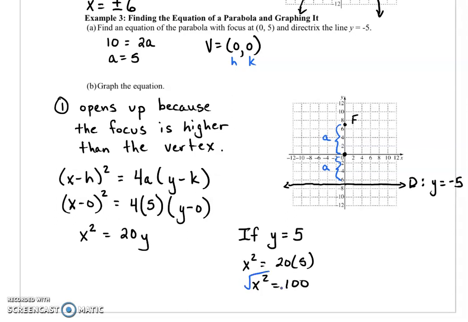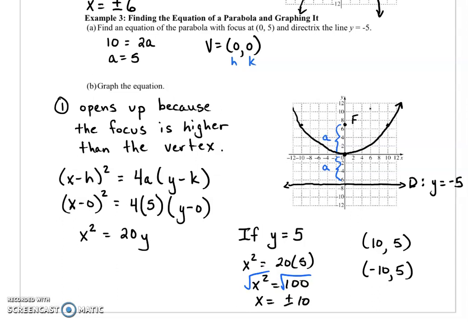When we take the square root of both sides, we end up with x equals positive or negative 10. So we have 2 points, (10, 5) and (negative 10, 5). So we can plot those 2 points, and then we just connect the dots with a parabola.